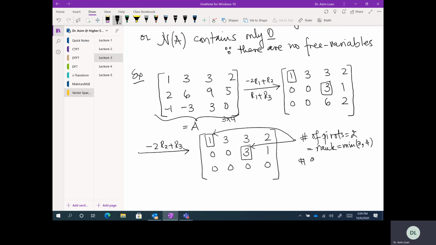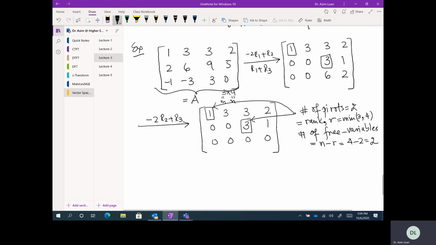Number of free variables equals n minus, so maybe I say rank, I'll just do rank on this side, equals rank R. So the number of free variables is n minus R, so this is m, this is n, this is equal to 4 minus 2 equals 2.